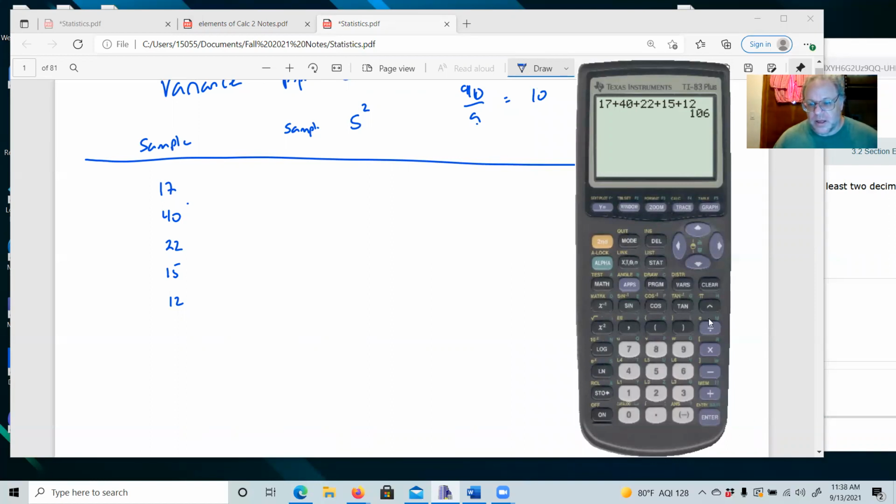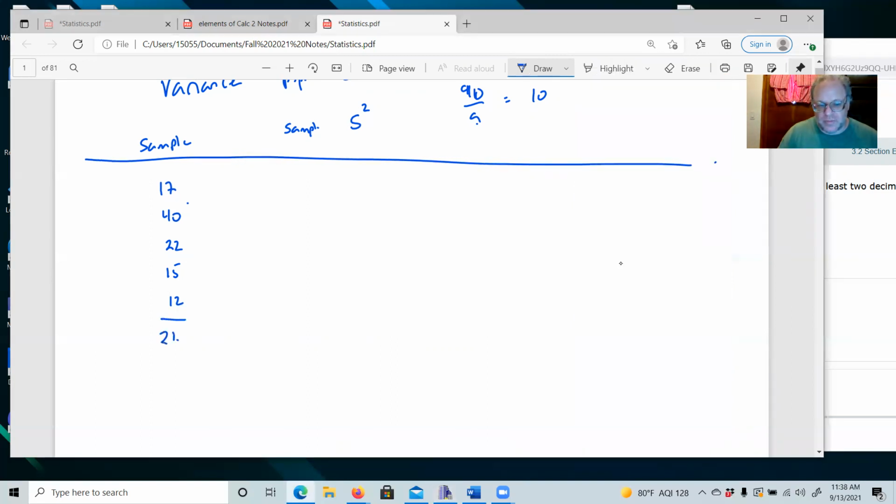So add them up: 17, 40, 22, 15, and 12. We divide by 5. That's how we find an average. We get 21.2. That's my X bar, our average.